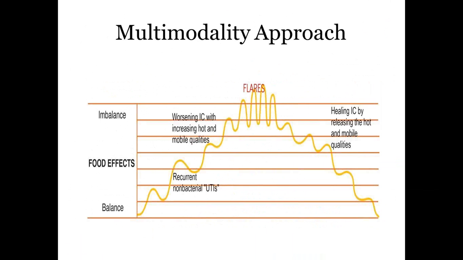And whether it's nutrition and lifestyle choices, herbs, or yoga, all of these modalities then come into play to start bringing about healing. And then on the right side, you start seeing this graph move from a high level of imbalance to a point where balance is achieved.